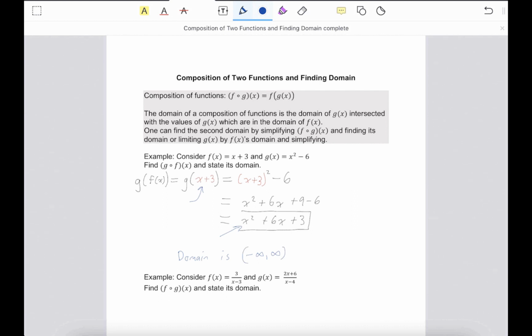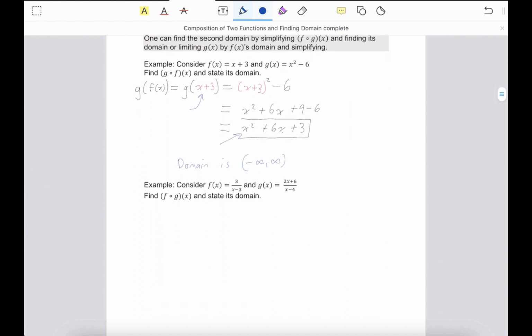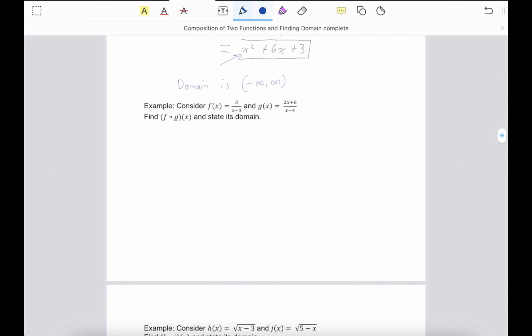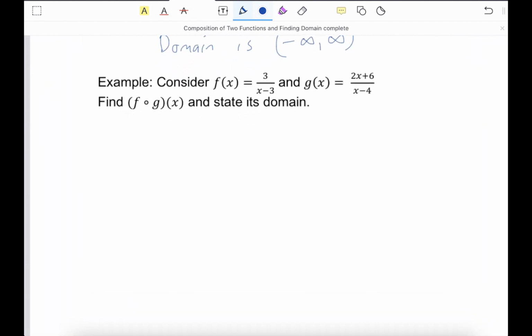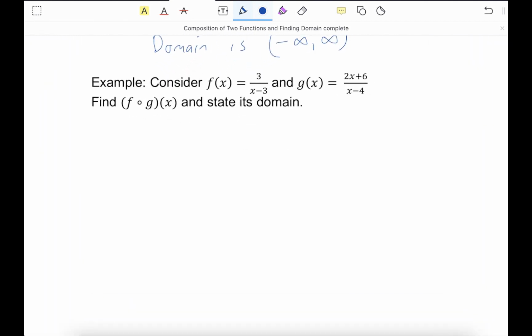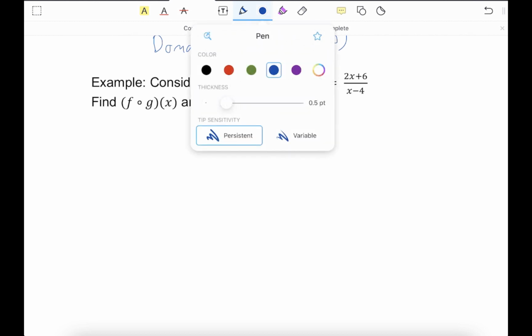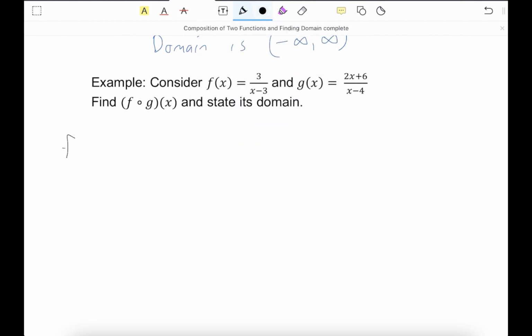The second example here, we have two different rational functions, and we're looking for f of g of x. So we're looking for f of plugging in g of x, which is 2x plus 6 over x minus 4.